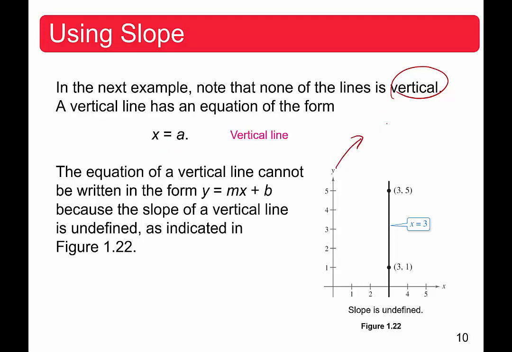The equation representing the y-axis is x equals 0. Any parallel line to that has a similar form of equation. So this line will be x equals 1, and this line will be x equals 3, as labeled in the graph. So x equals a, where a is a constant, represents a vertical line.